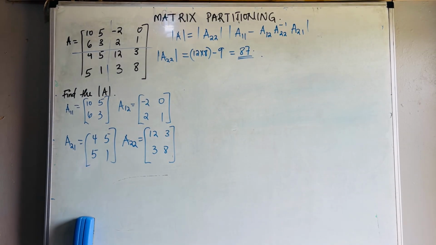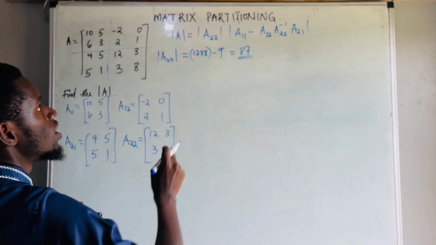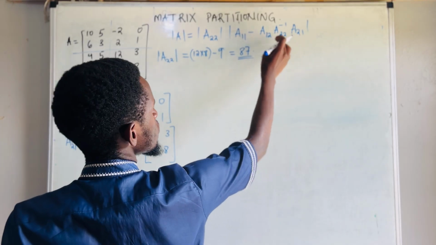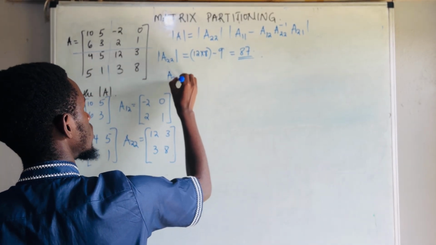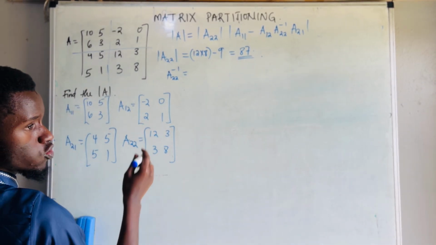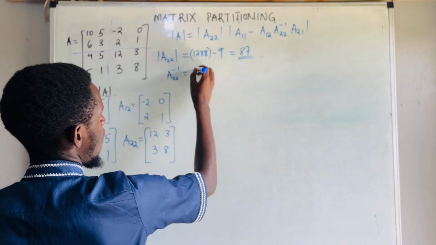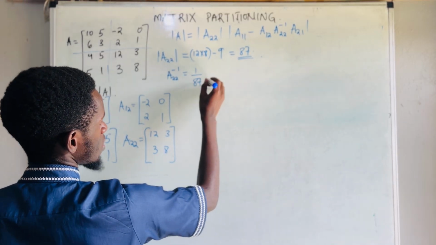Are we together? Now, my other task is finding the inverse of this A22, because I need to use it here. The inverse is the same as 1 over determinant times adjoint. The determinant is 87, times adjoint.